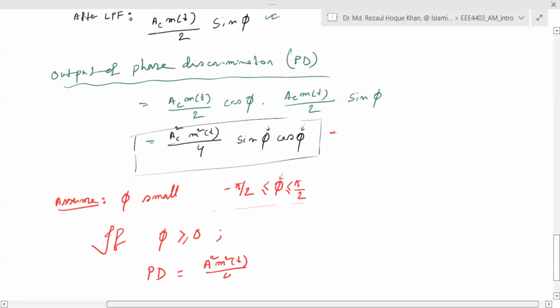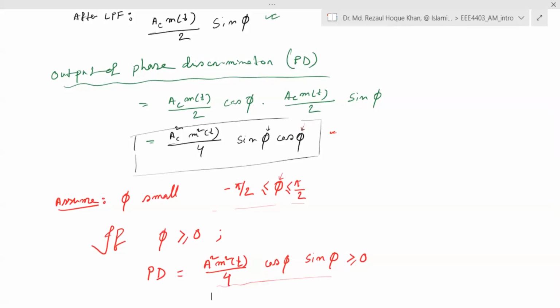If the phase is a positive value, and this portion is a constant, which is usually positive, then cos phi and sin phi will both also be positive. Means the whole value will be positive if phi is a positive value.